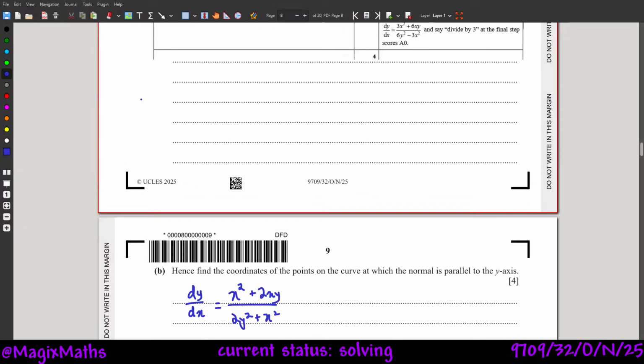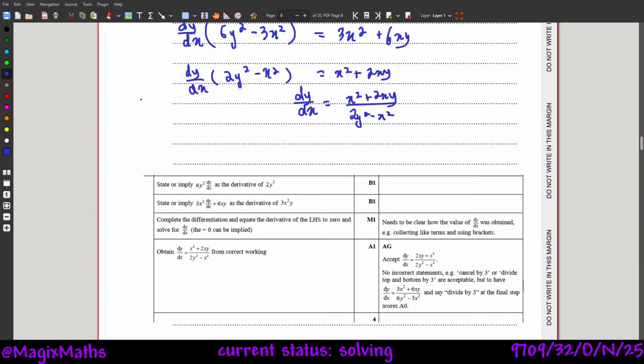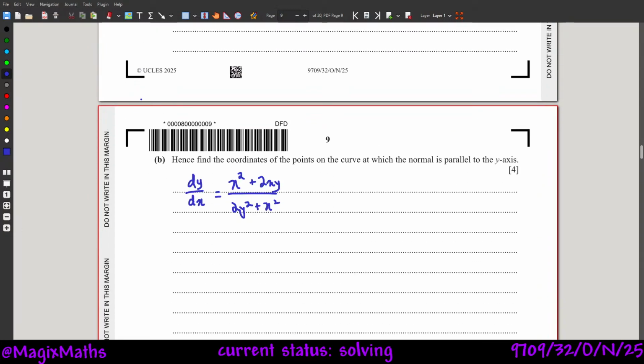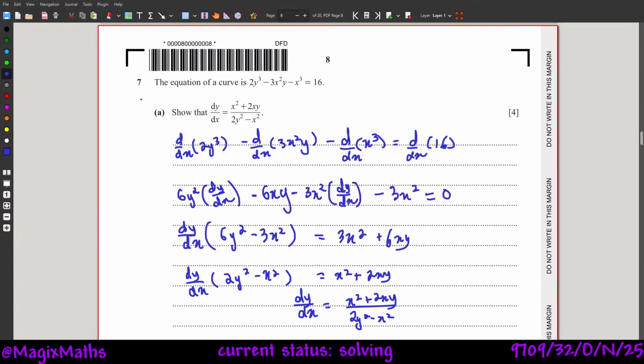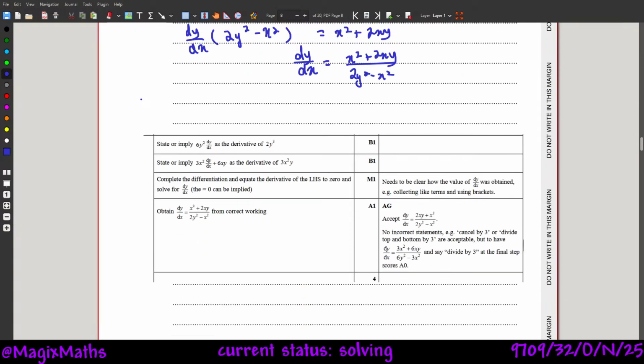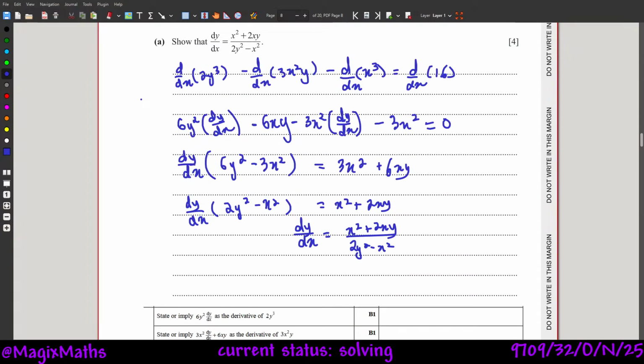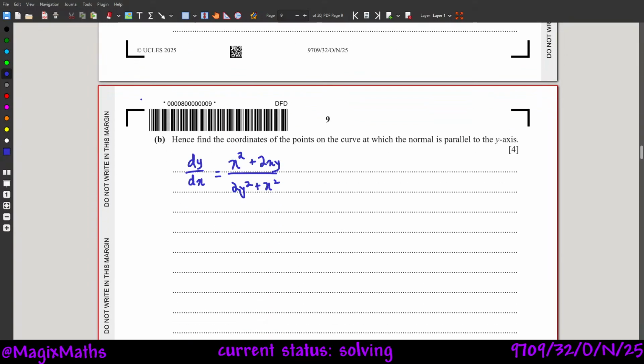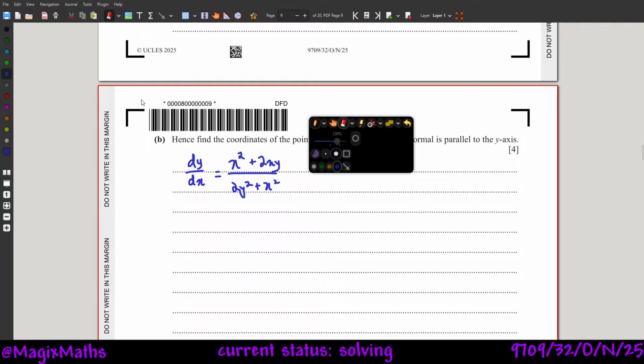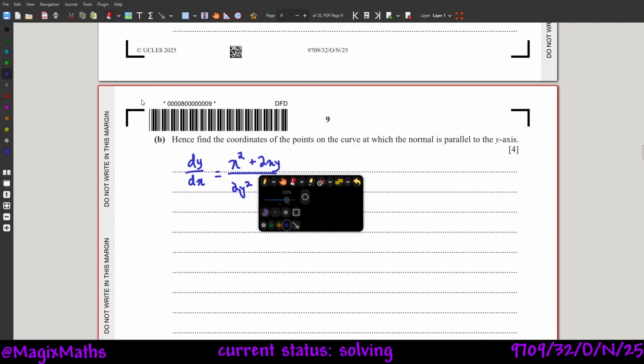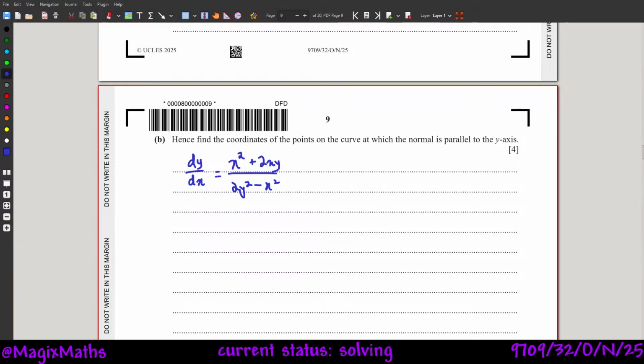Is it? I have to double, triple, quadruple check here. Is it plus or minus? It's minus. Okay. So I almost got that wrong. So this one here should be a minus.